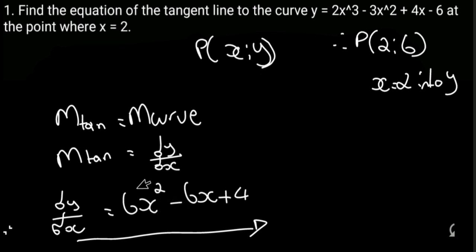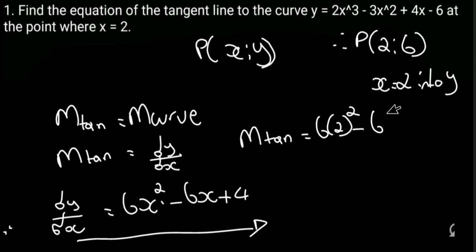To find the value of the gradient of the tangent, we need to substitute this x coordinate into our first derivative of the function, and we're going to get the gradient of the tangent. So it's going to be 6 into 2 squared minus 6 into 2 plus 4. And the value of the gradient of the tangent is going to be 16.